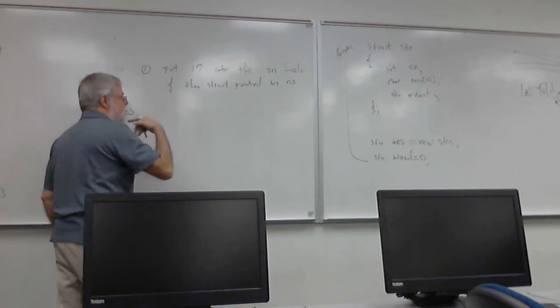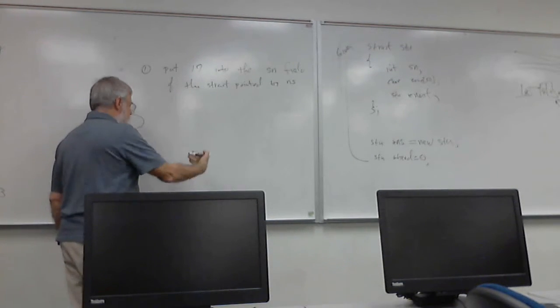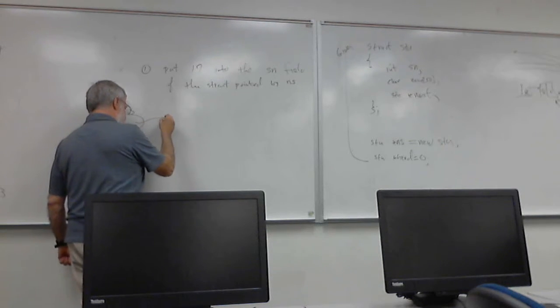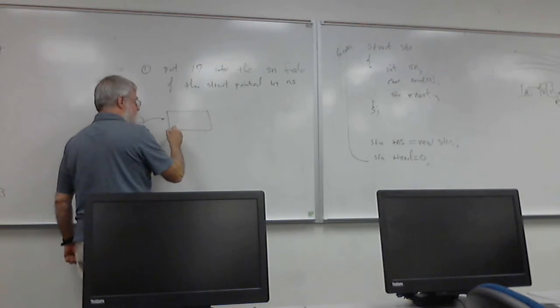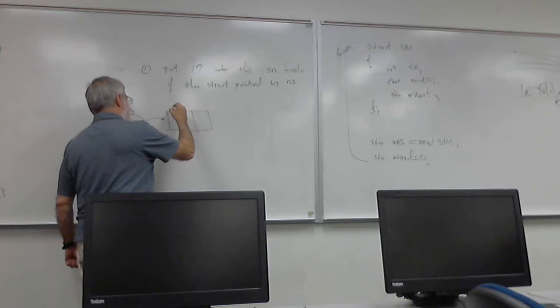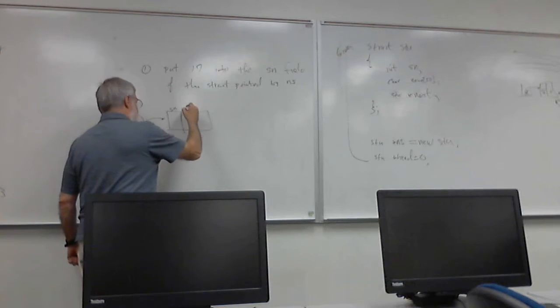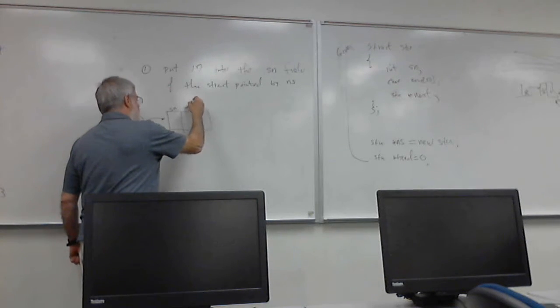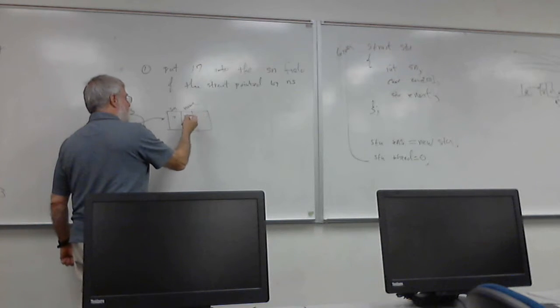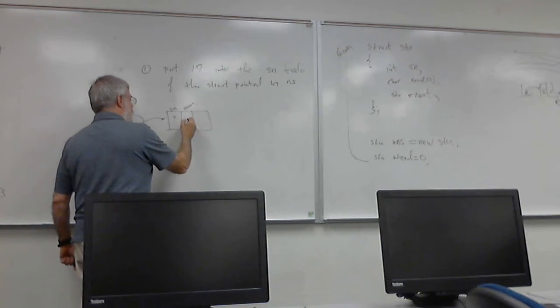NS points to a struct, a student struct, that has in it student number and a name. What's inside of the student number now? Garbage. What's inside of name? 50 characters, and each of these 50 characters is filled with garbage.